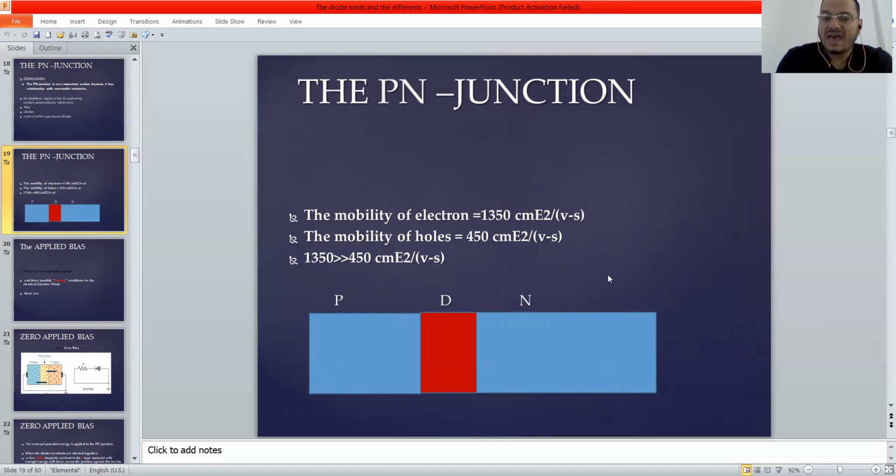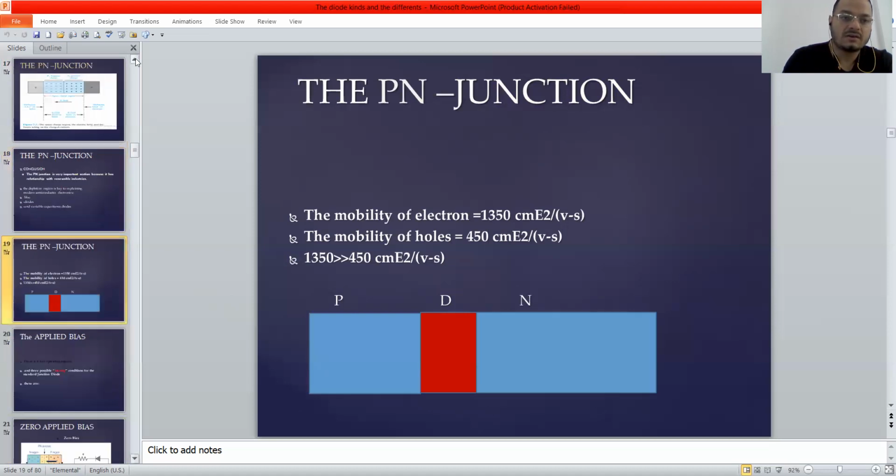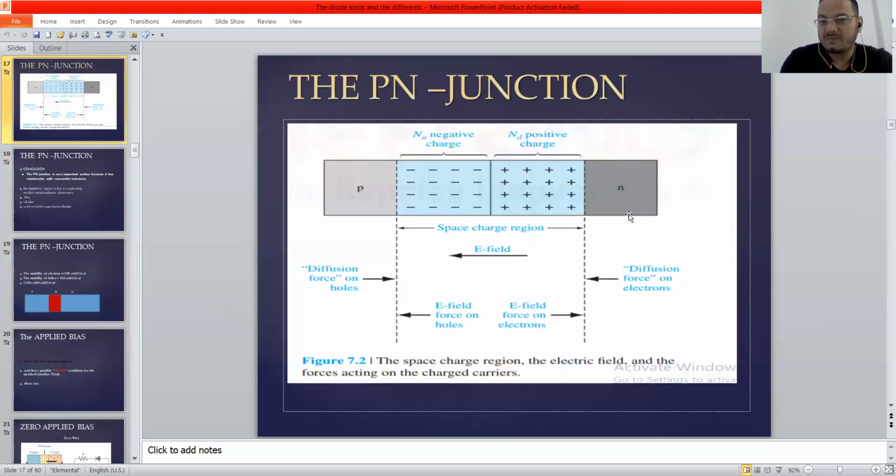Because of that, the n-type doping must be bigger than the p side, not like this image here where N equals P. That is theoretical, but typically, because the mobility of electrons is bigger than the mobility of holes, the n region must be bigger than p.